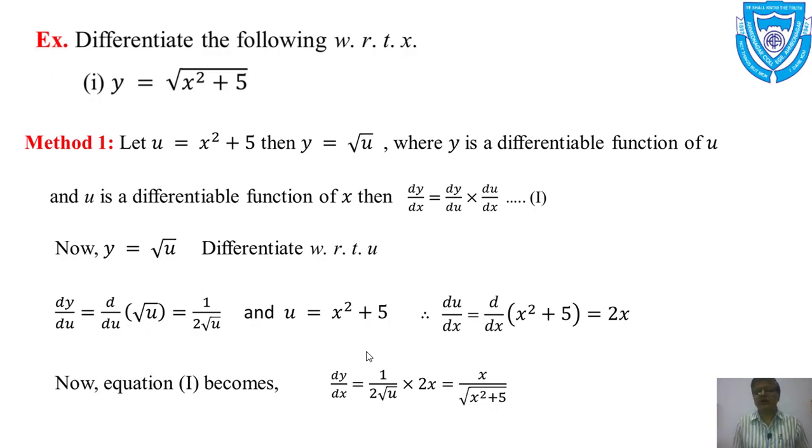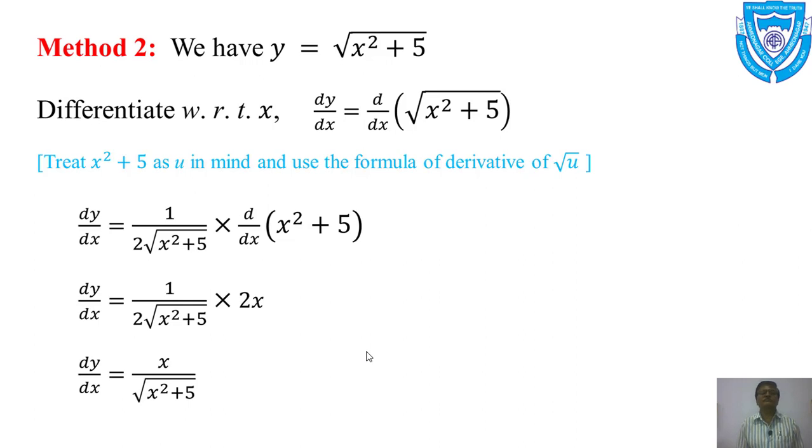The derivative of x square is 2x, the derivative of 5 is 0. The derivative of a constant is 0. Now equation 1 becomes dy by dx is equal to dy by du, which is 1 upon 2 root u, into du by dx, which is 2x. Now in place of u we rewrite x square plus 5.